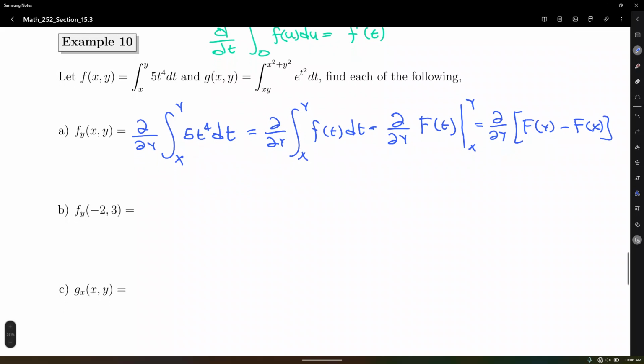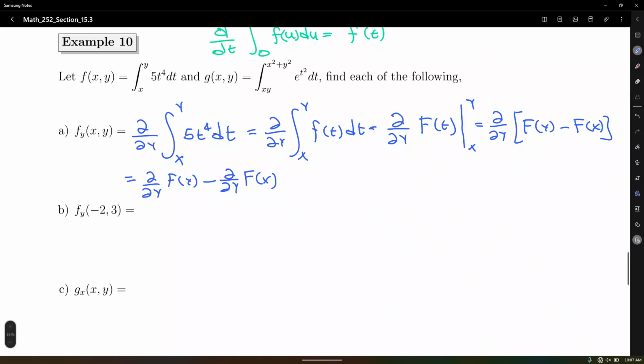Okay, so let's take the derivative again. We went from little f to big F upon integration, but now we're going to take a derivative again. So those big F's are going to become little f's again. Careful here. The partial with respect to y of big F of y, minus the partial with respect to y of big F of x.